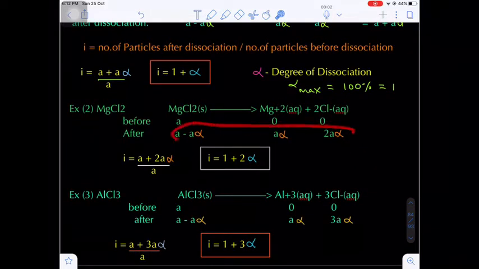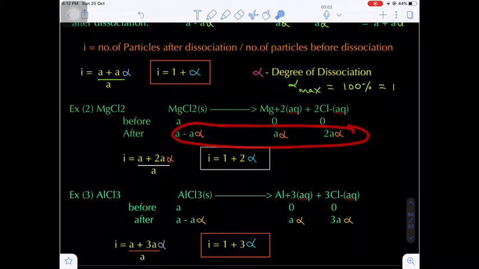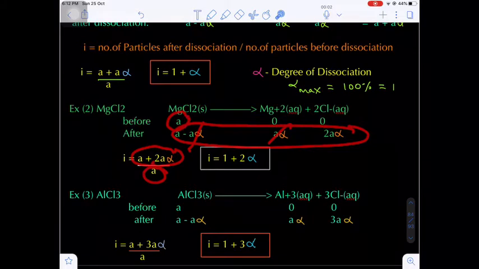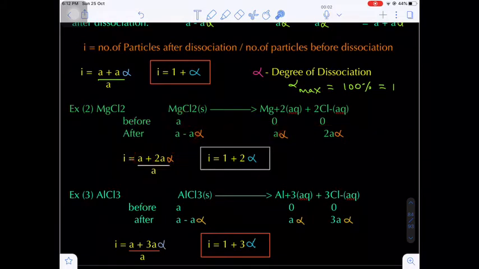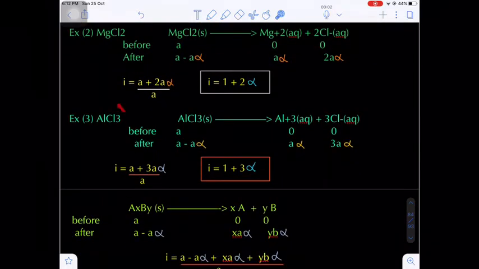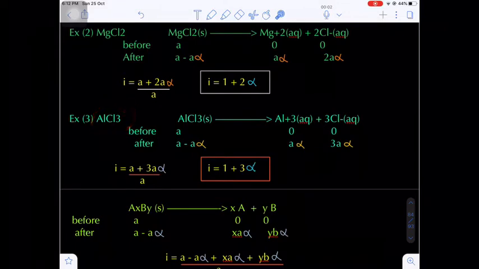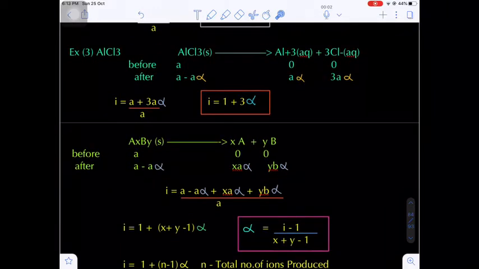The total number of particles after dissociation is a minus a alpha plus a alpha plus 2a alpha. Minus a alpha plus a alpha cancel, so you get a plus 2a alpha divided by the initial a, which gives 1 plus 2 alpha. In the case of aluminum chloride, a similar calculation gives 1 plus 3 alpha.